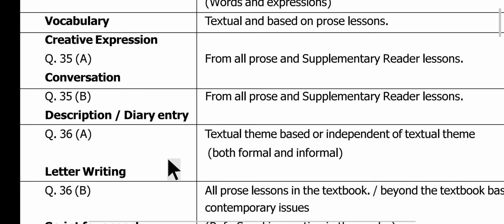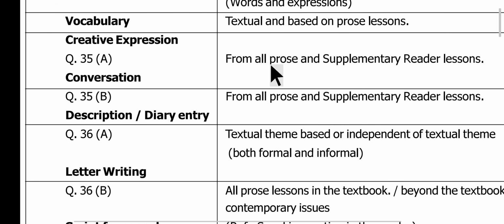So it will have first 35A, conversation from any prose or supplement reader. Please underline this. Conversation topic can be taken from any prose or supplement reader, not from the poem or any other context. Now the second question from the same is 35B, description or diary entry.